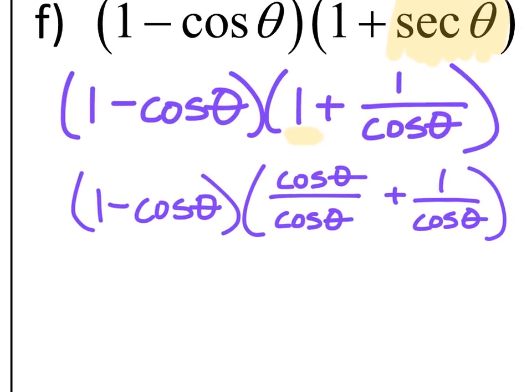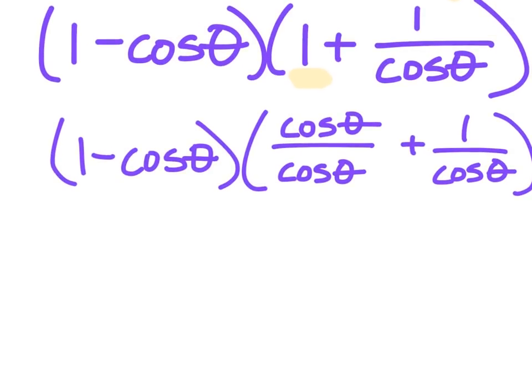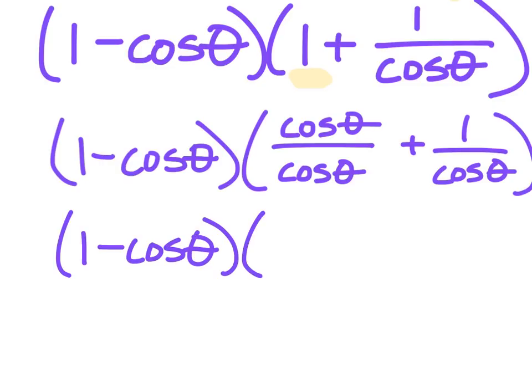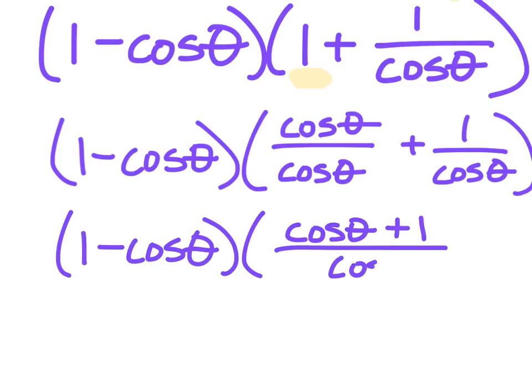And so I just changed the 1 to cosine over cosine. Now, again, I'm not yet ready to do anything with that first binomial. But in the second binomial, now I have cosine of theta plus 1 over just cosine of theta.